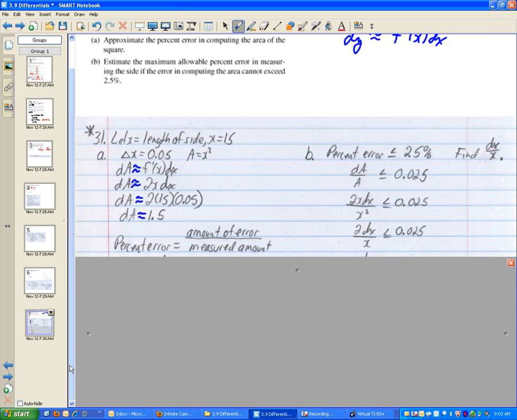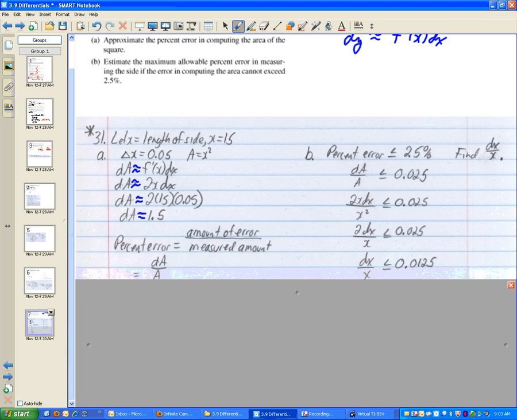In symbols, for this problem, what symbol represents the amount of error in computing the area? dA. What symbol represents the measured area?